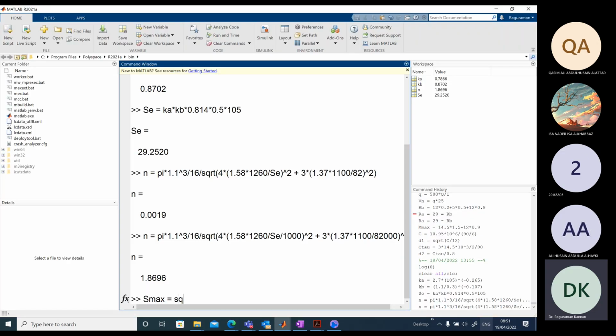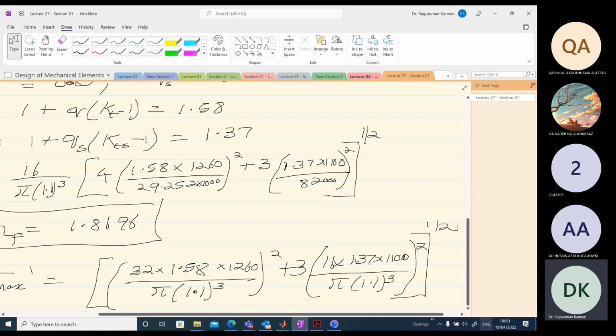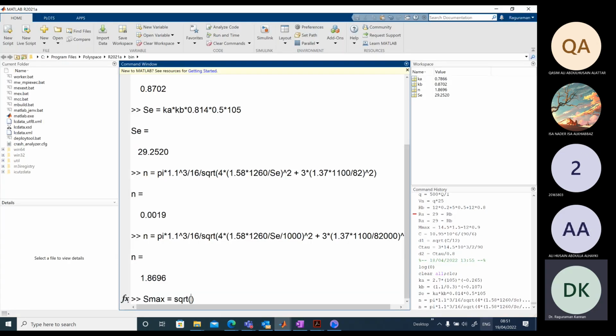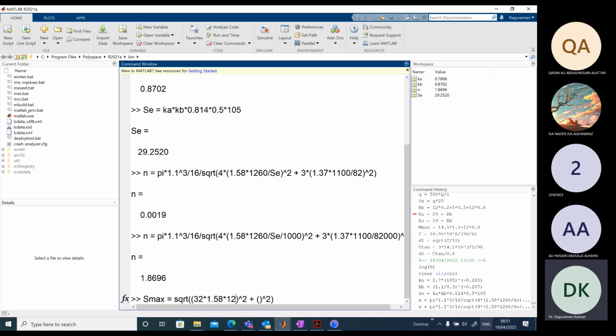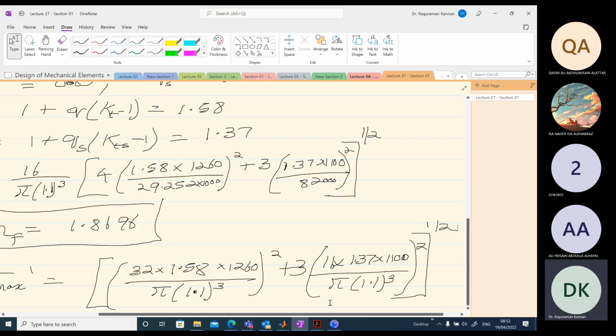Square root, then 32 times 1.58 times 1260 divided by pi times 1.1 cube.